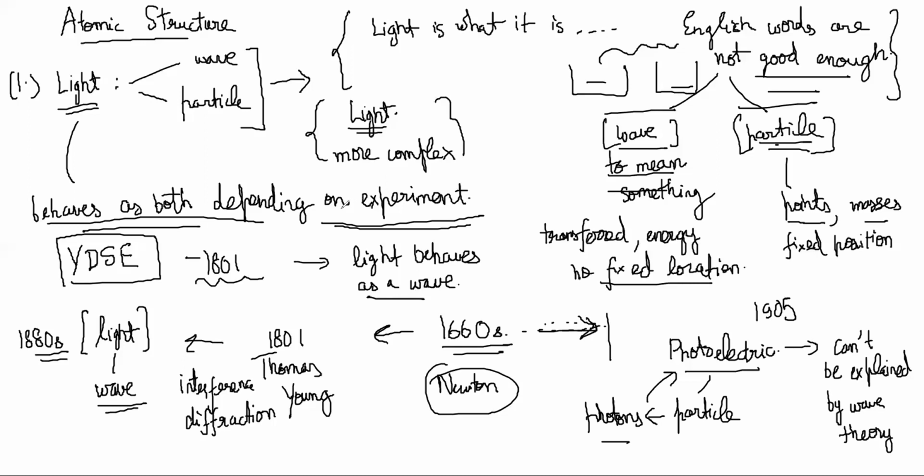It is something much more complicated, and we will not get into the details. There is a field called quantum electrodynamics, developed basically by Richard Feynman, and eventually many people contributed. Light is something much more complicated, and we will not get into that.